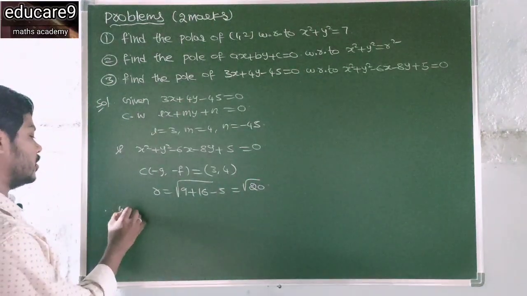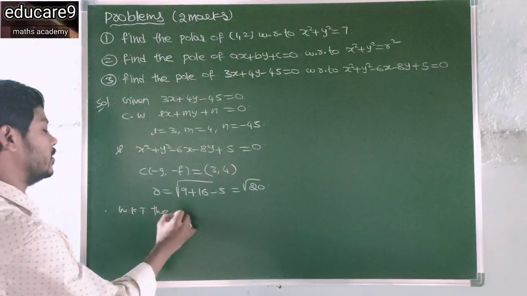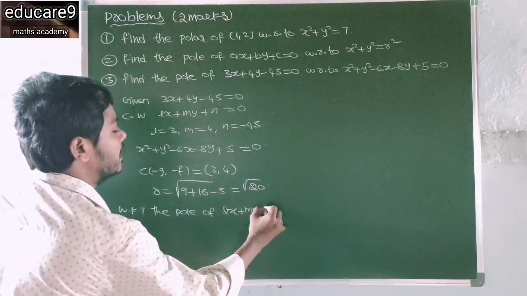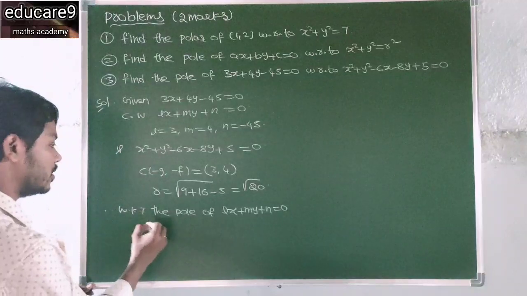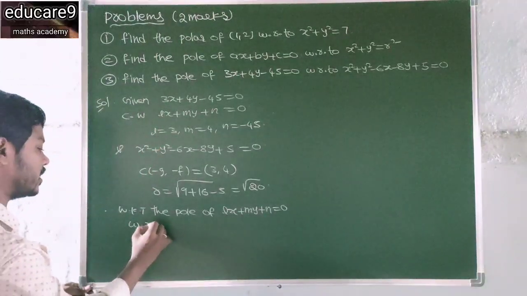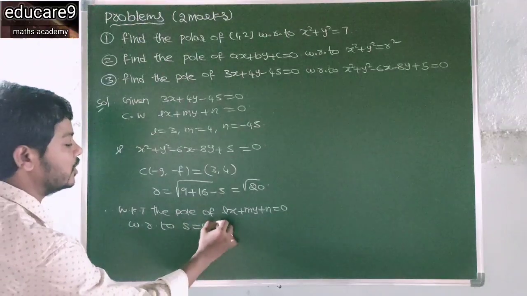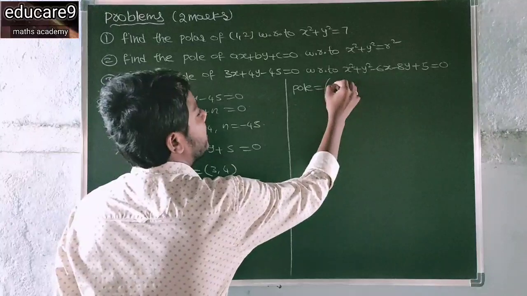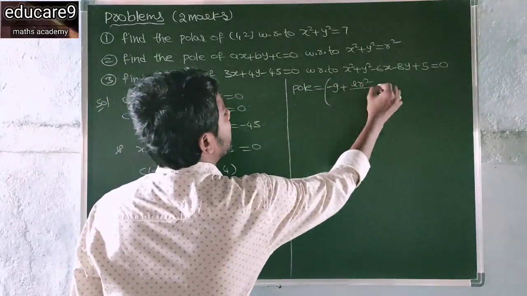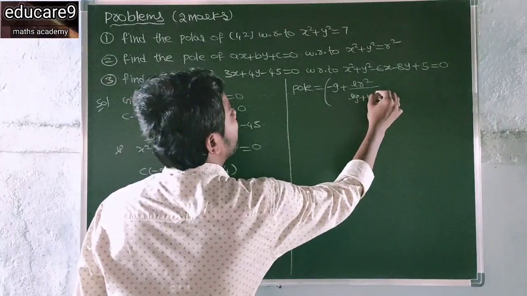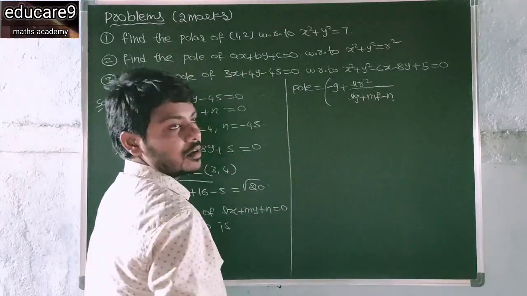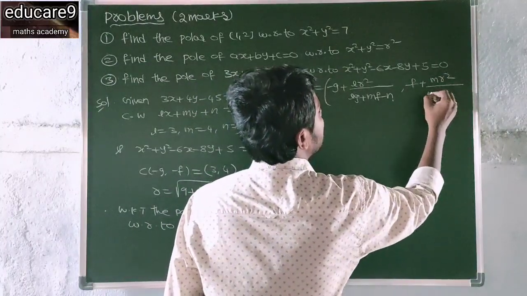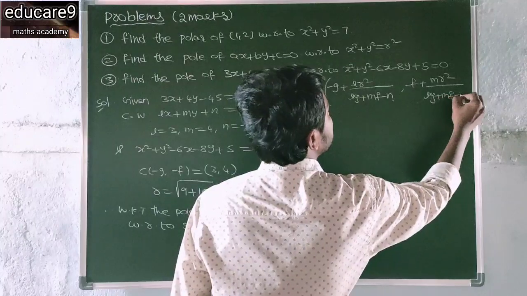So therefore you know that the pole of lx plus my plus n is equal to 0 with respect to S is equal to 0 is what? So pole is equal to minus g plus l r square by lg plus mf minus n comma minus f plus m r square by lg plus mf minus n.